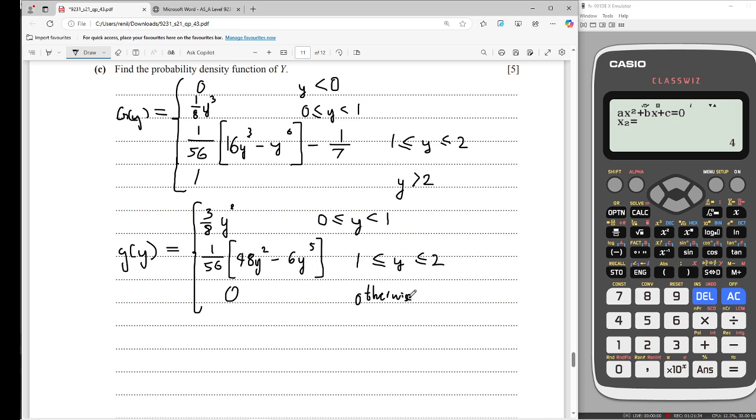If you want, we can factorize the function there. We can factorize 6 out of this and get 6 by 56, or 3 by 28, bracket 8y squared minus y to the power 5. It isn't necessary, but it's quite optional really. So we factorize 6 out and get 8y squared minus y to the power 5, and 6 by 56 is just the same as 3 by 28, dividing both numerator and denominator by 2.